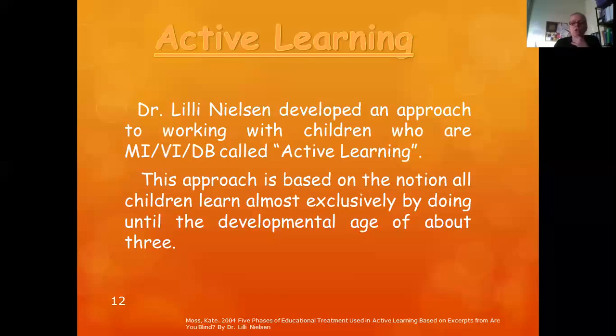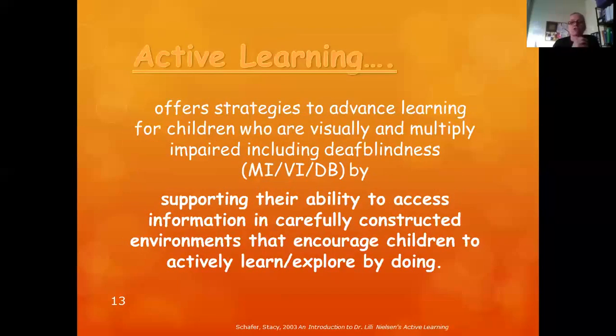Active learning offers strategies to advance learning for children who are visually and multiply impaired, the ability to access information in carefully constructed environments that encourage children to actively learn and explore by doing. I can't overstate enough the fact that our kids do not have access to information.